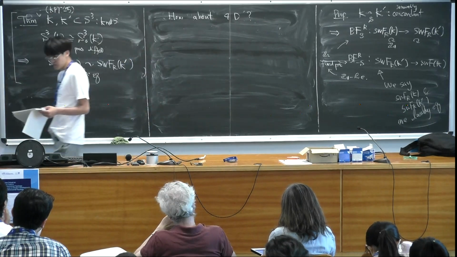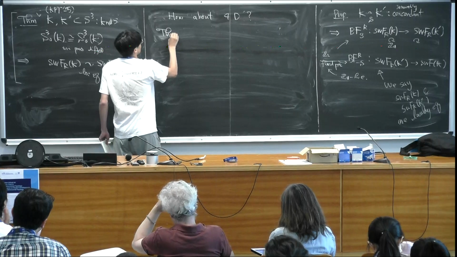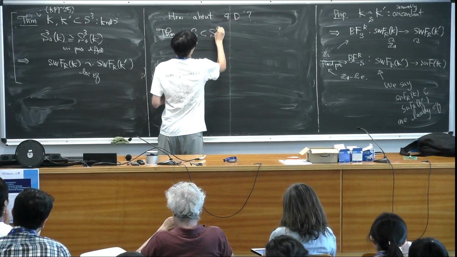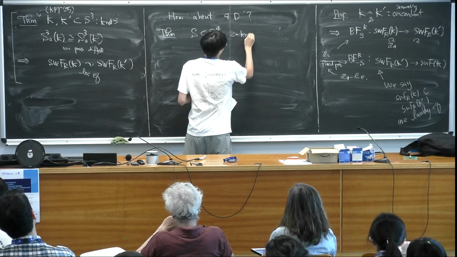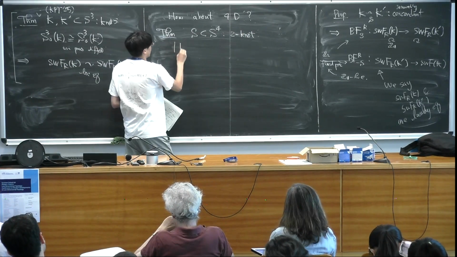I mean, in a 4-dimensional setting, we have an invariant of 2-knots. So what we can prove is, if you have a smooth 2-knot inside S4, as I said, there is a degree invariant.